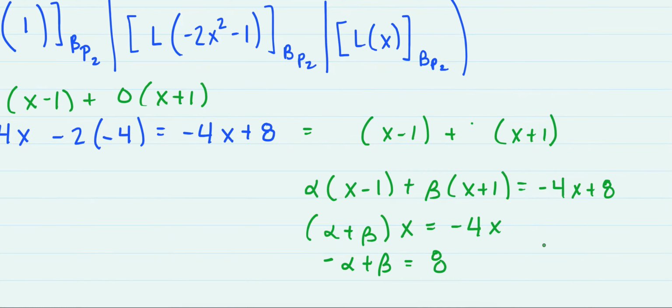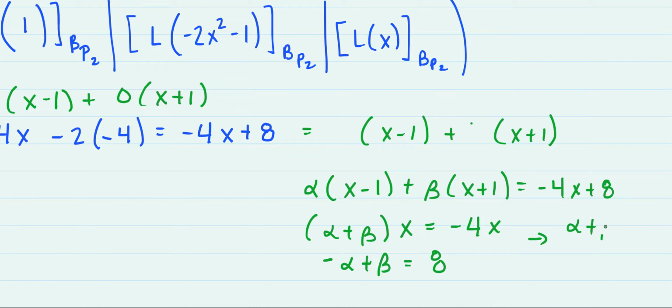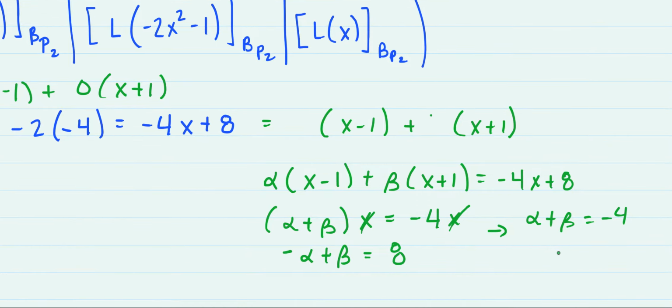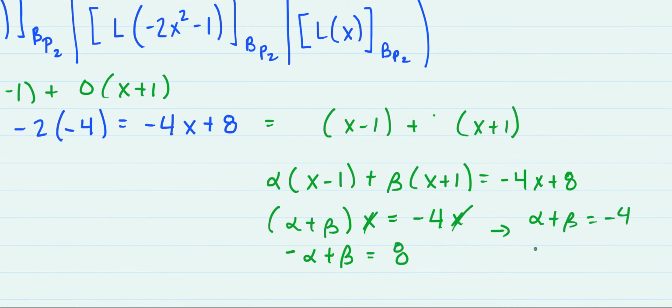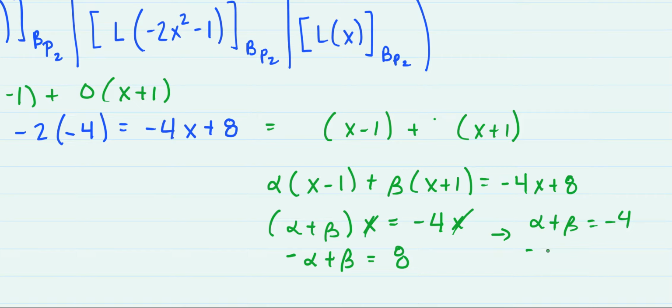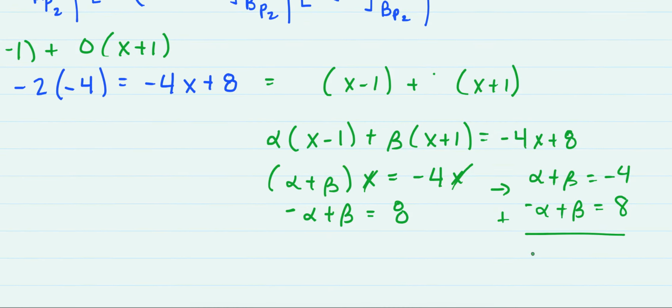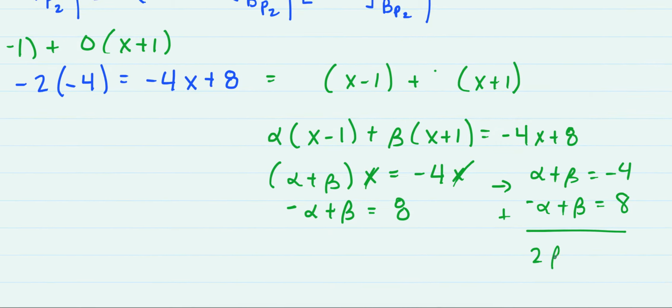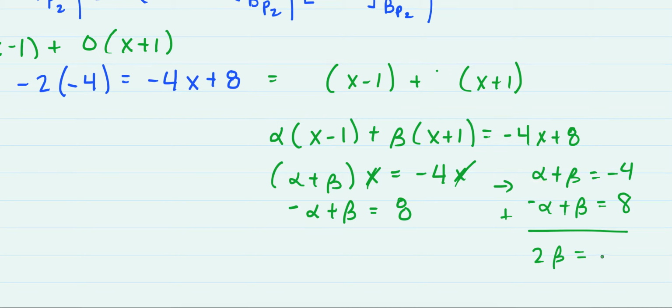So that tells me alpha plus beta is negative 4 by getting rid of this x, because that x can't be 0. And then negative alpha plus beta is 8. Add them together. 2 beta is 4. So beta is 2.